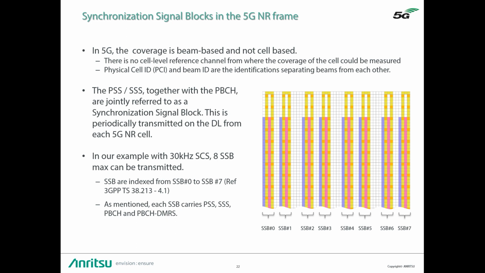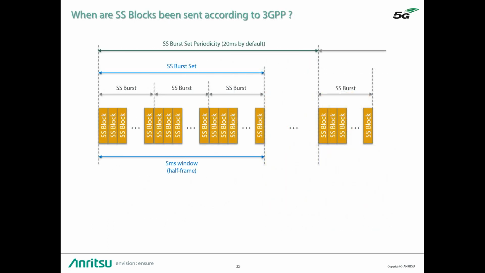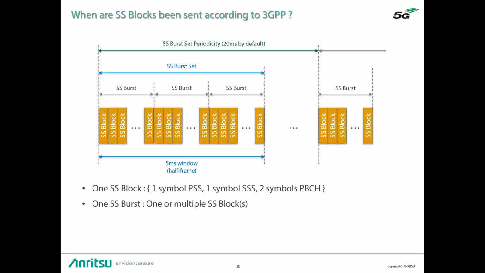With the frequency span of the carrier, multiple SSBs can be transmitted. Physical cell IDs of those SSBs do not have to be unique, and for instance, different SSBs can have different PCIs. As a summary, we can say that the SS burst is sent over a duration of 5 milliseconds, which is a half frame long.